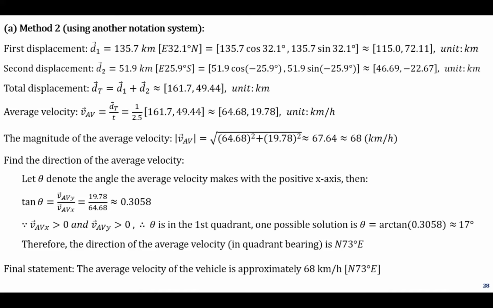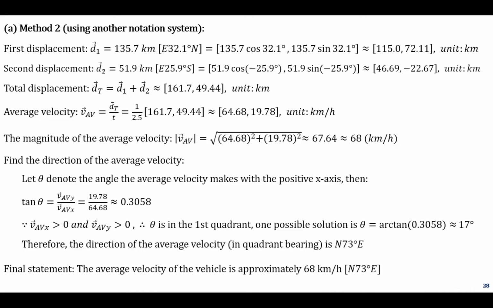Also, we know the x component of the average velocity is greater than 0, and the y component of the average velocity is also greater than 0. So we know theta must be in the first quadrant, right? So we can find one possible solution, which is arctangent 0.3058. And this angle should be around 17 degrees.